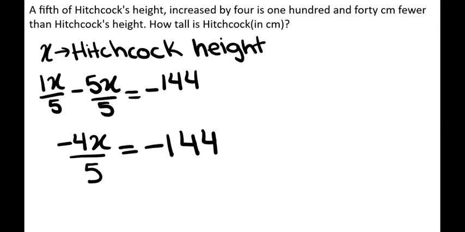Now here, since we're dividing by 5 on the left side of the equation, we have to multiply by 5 on the right side of the equation, because we're going to do the opposite operation. So when we multiply by 5 over here, this will cancel out.